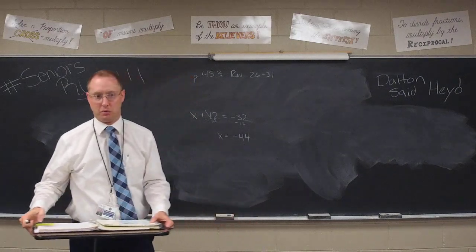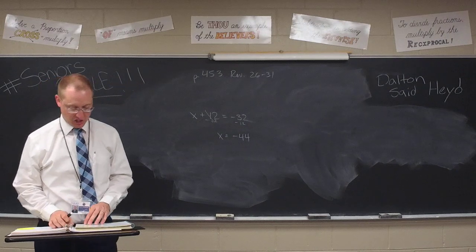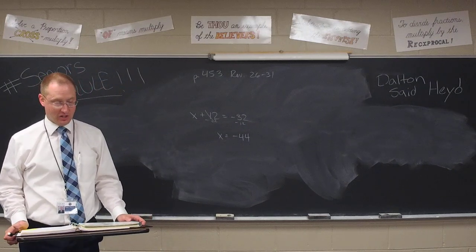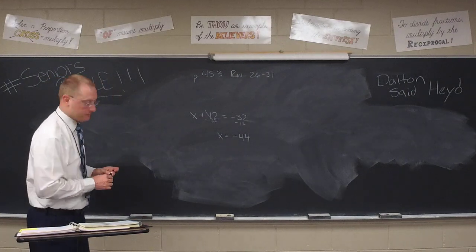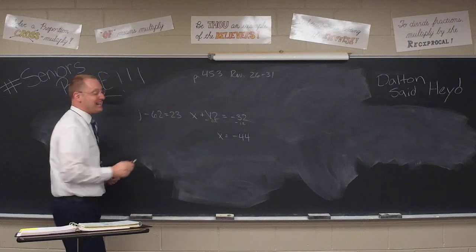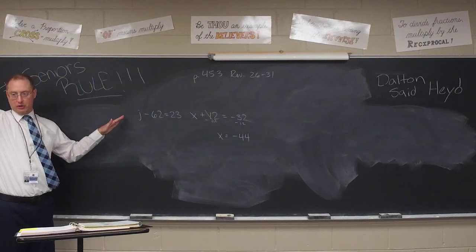All right, number 27, the difference of a certain number and 62 is 23. What is the number? And Jalen, what was your equation? J minus 62 equals 23. How many had this equation or whatever letter there?